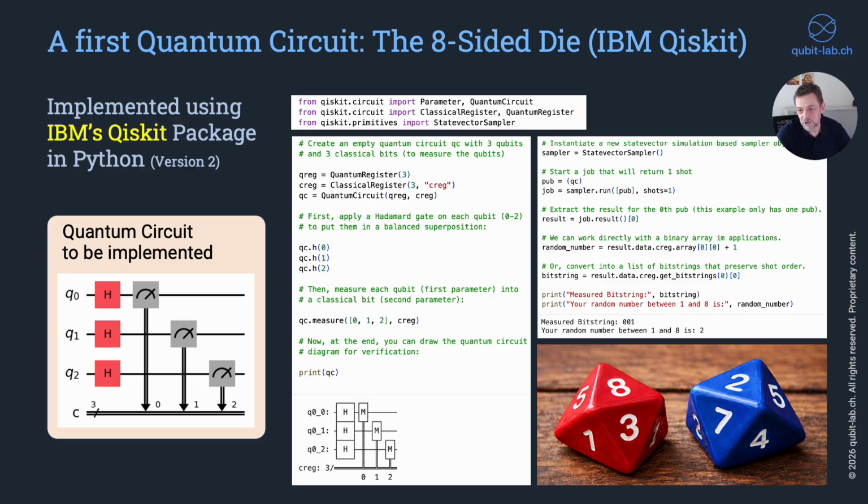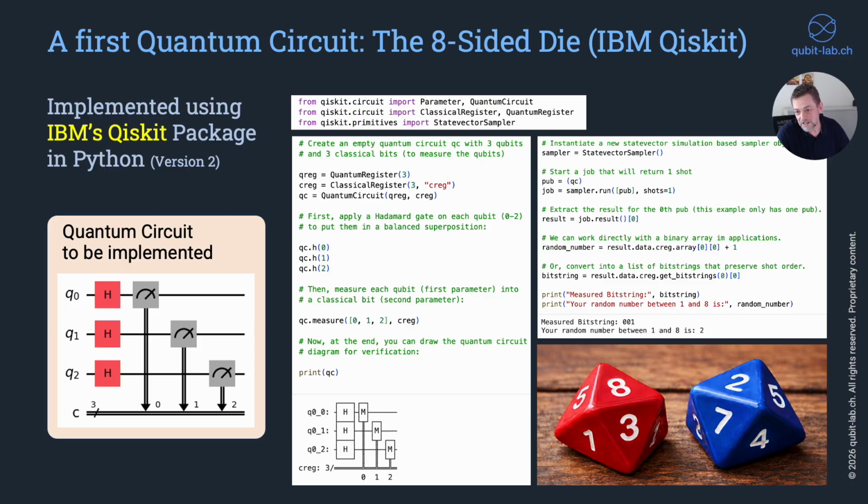We just need one shot. You remember, shots is the number of executions you do in order to see the probabilities behind, but it wouldn't help a lot. If you have a balanced superposition and you do 100 shots, then you will probably see a 50-50 distribution. We just need one shot because we need a random number.